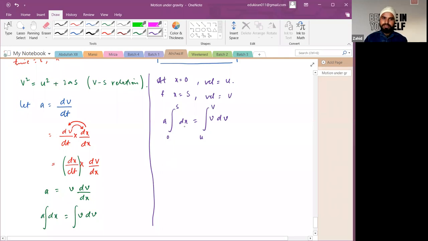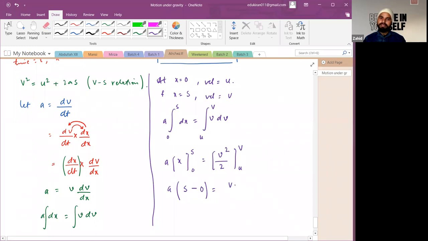So a is constant, dx on integration will give you x, limit from 0 to s. V having exponent 1, so on integrating it, it will become v square over 2 from lower limit to upper limit. Now if you put the values of x is equals to s and x is equals to 0, it will be s minus 0.